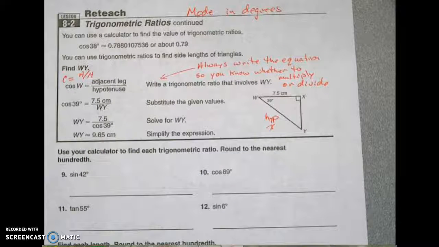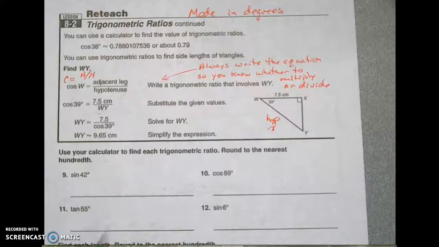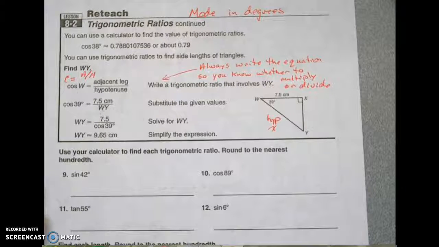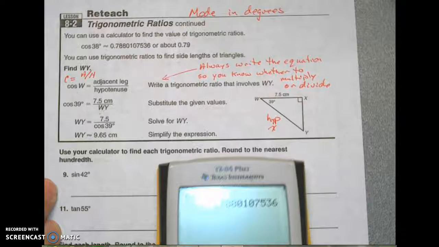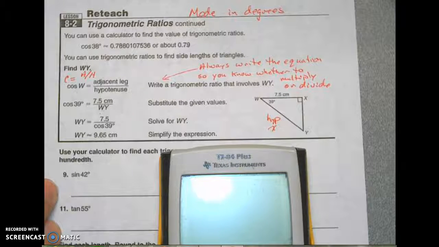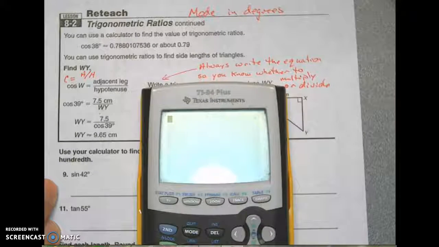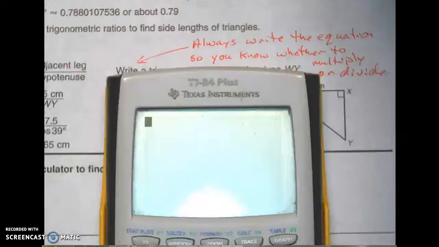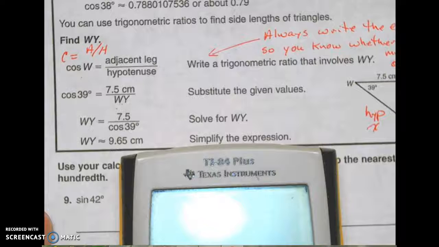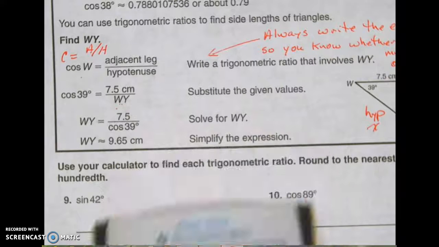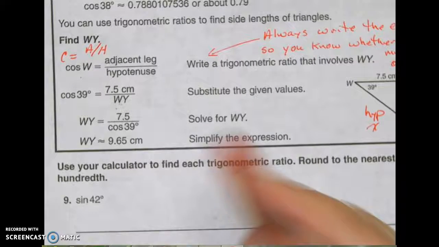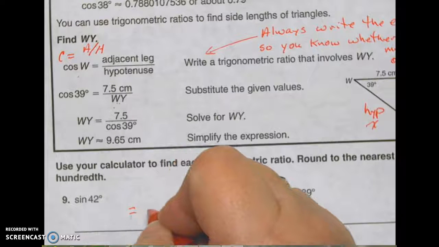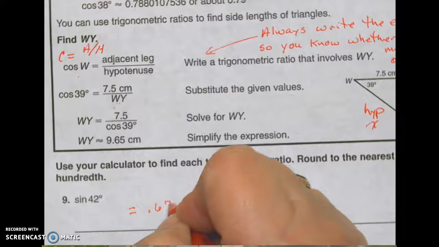The first couple of questions, we're just putting these in our calculators. So if your mode is in degrees, then you're ready to just do some number crunching. If I want to find the sine of 42 degrees, I'm just going to take my sine 42, hit enter, and get 0.669. I'm rounding to the nearest hundredth, so that's about 0.67.